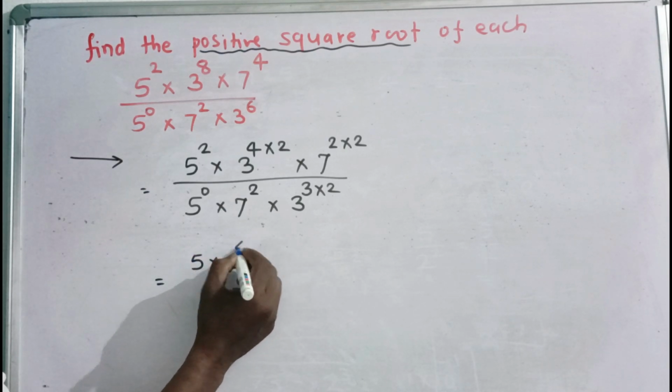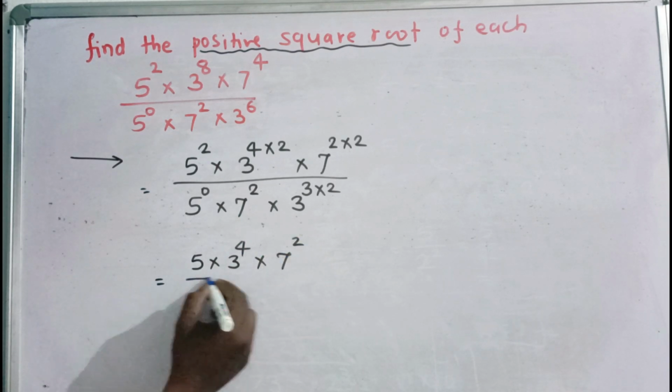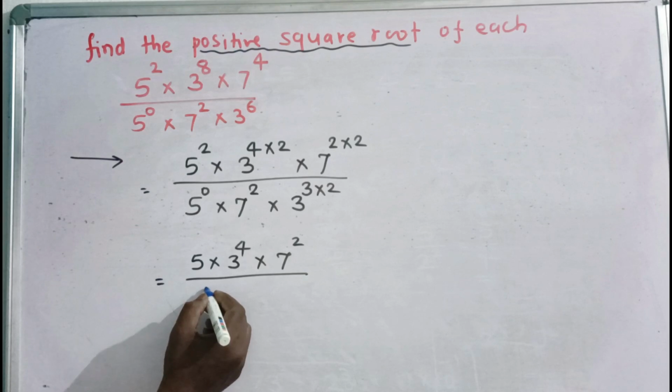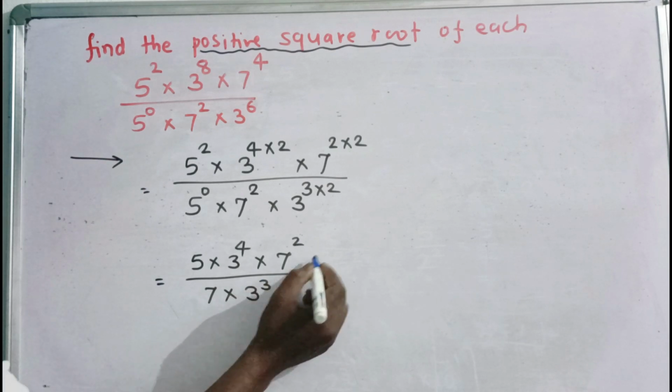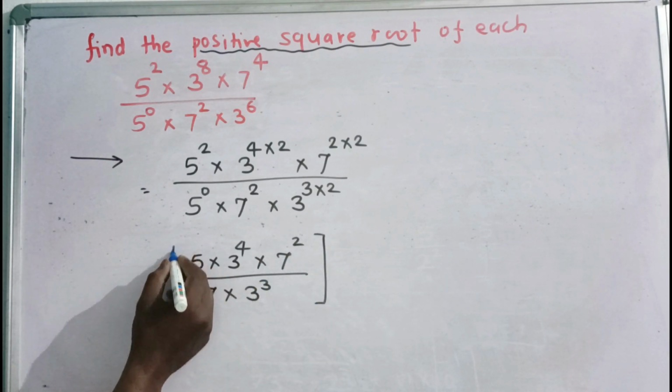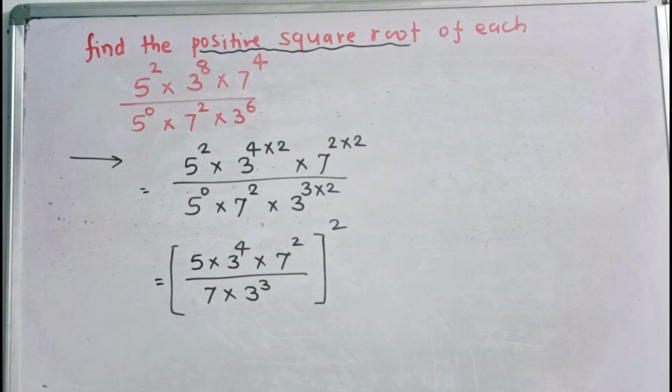5 into 3 raised to the power 4 into 7 square divided by 7 into 3 raised to the power 3 whole square.